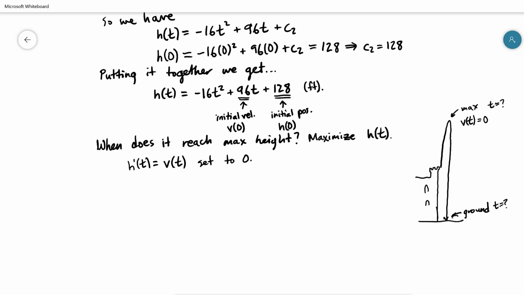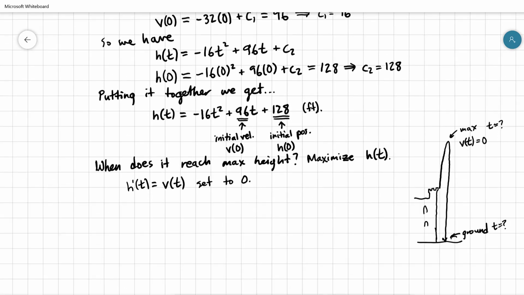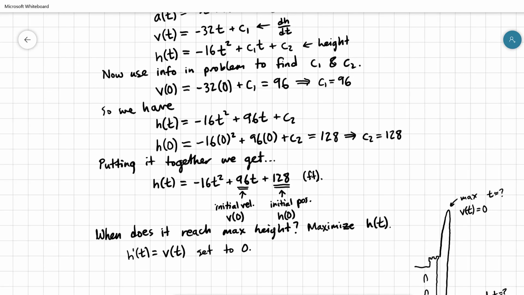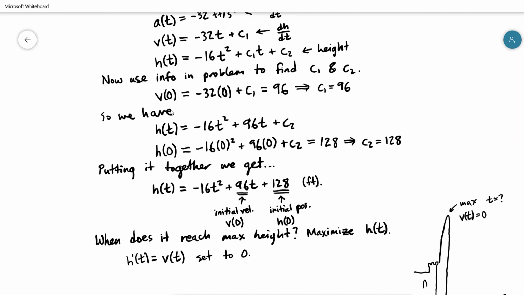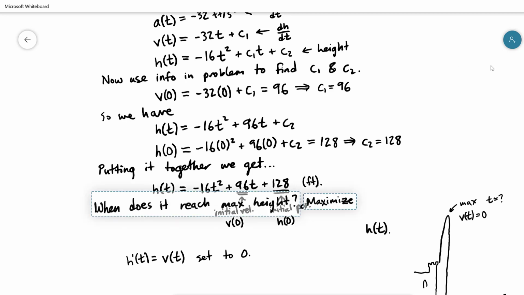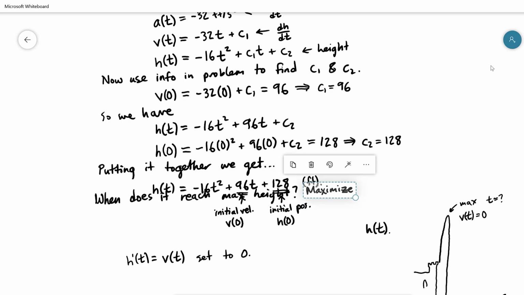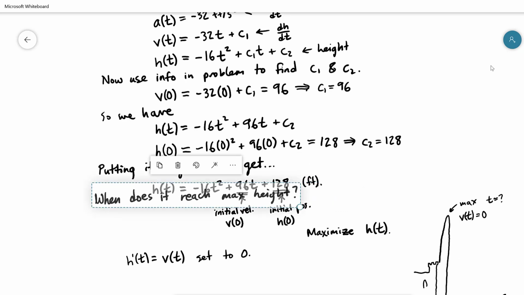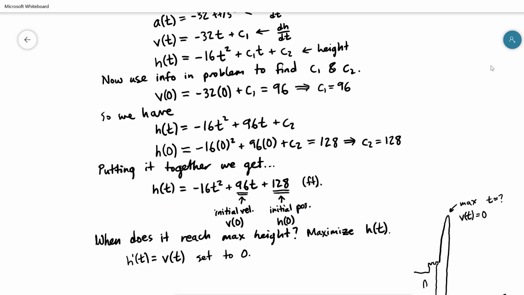So v of t, going back up to our expression, it's right up here. And we've already solved for C1. We found that C1 was 96. So the velocity is negative 32t plus 96. Oops. Undo that. Okay.